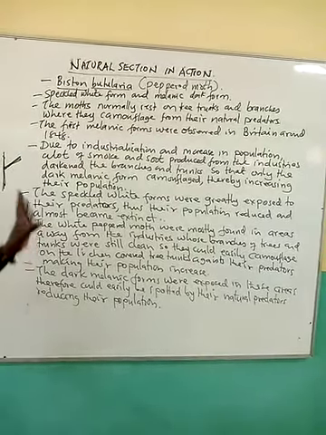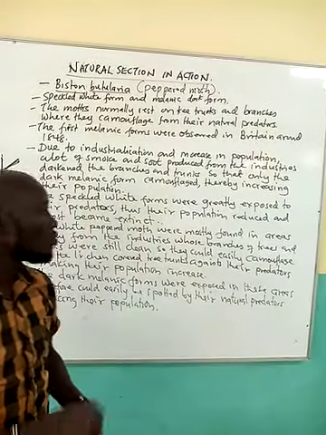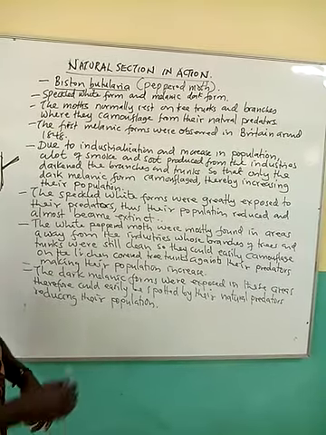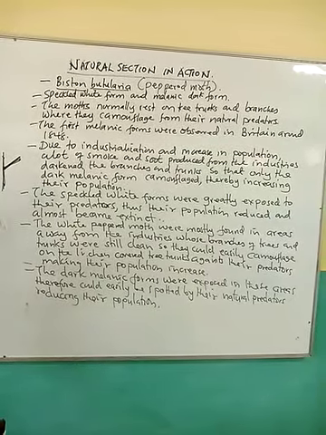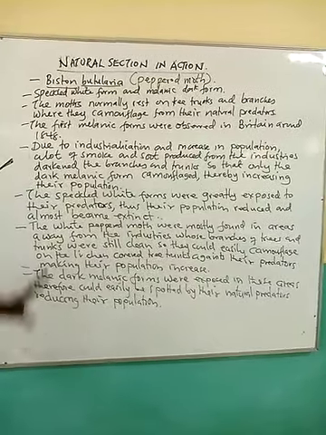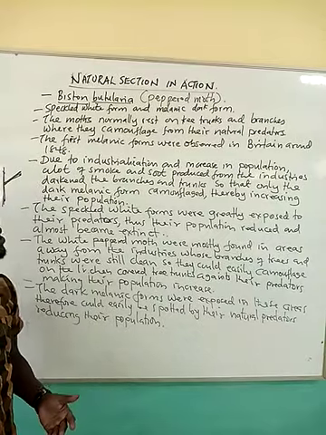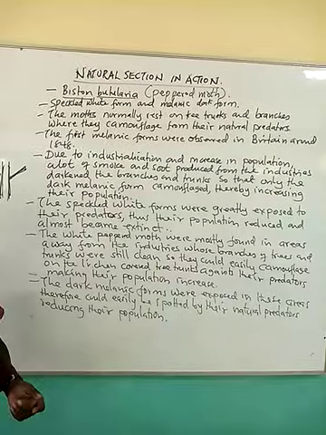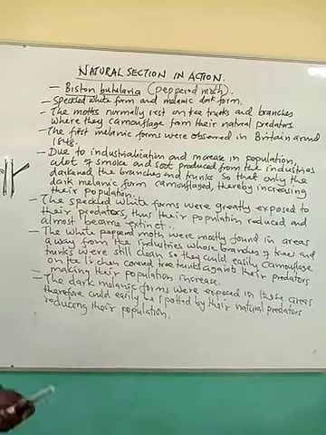In those areas, the dark melanic forms became greatly exposed and therefore could easily be seen by their natural predators, consumed, and then their numbers greatly reduced, and after that reduction, we don't expect the number to increase. So if you look at what we have been talking about here, it is nature that is selecting individuals based on the environment where an organism is found. So this is what we are calling natural selection in action.